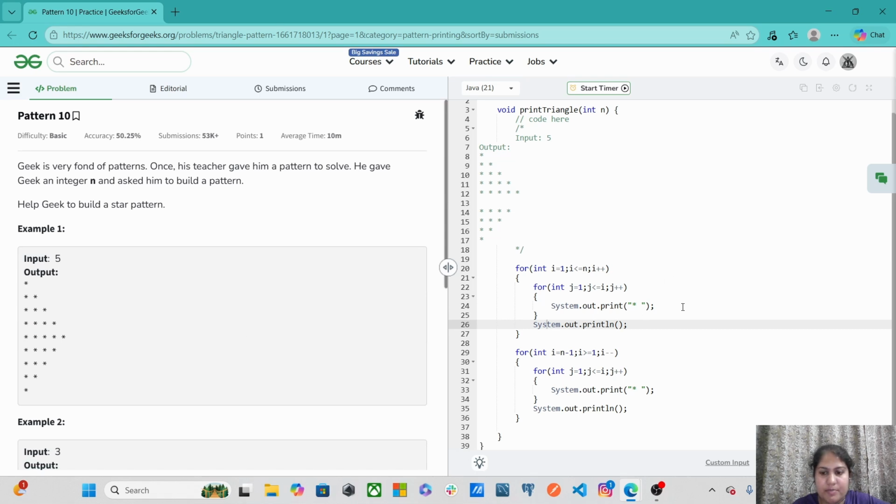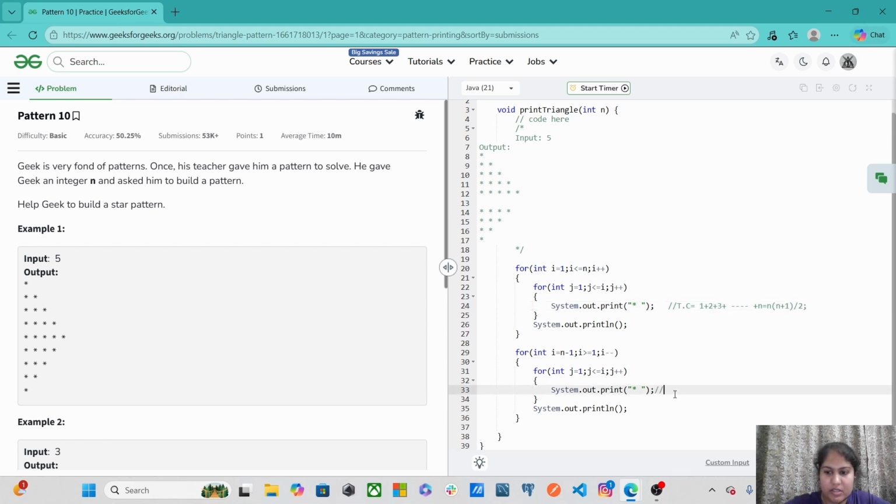What about the time and space complexity, guys? For the first one, the time complexity is 1 plus 2 plus 3 till n. In each row we are printing, so it would be n into n plus 1 divided by 2.